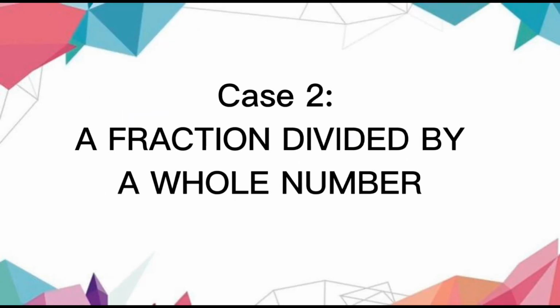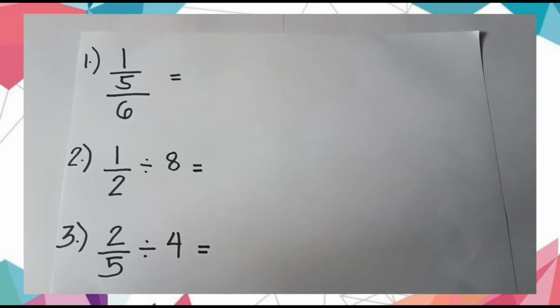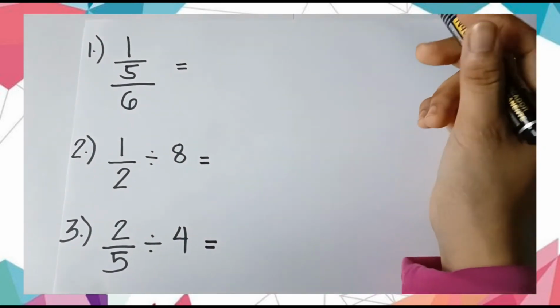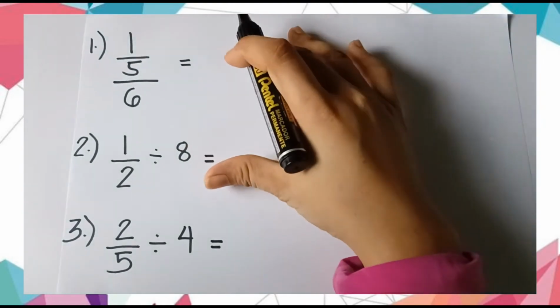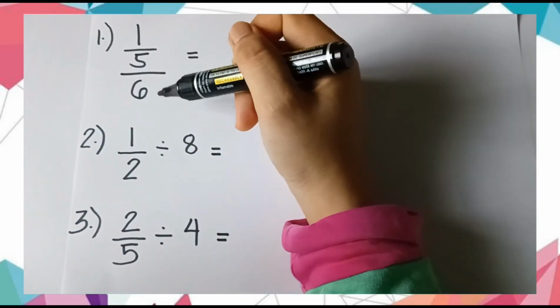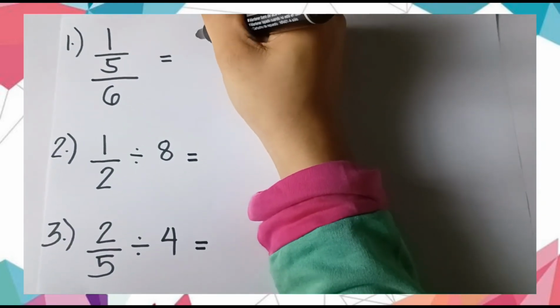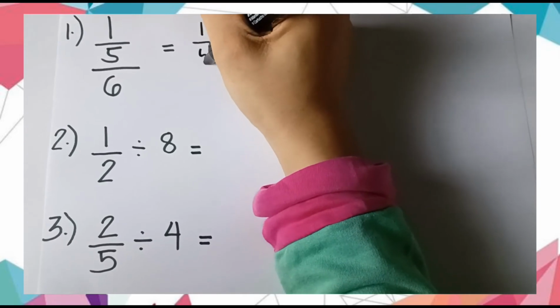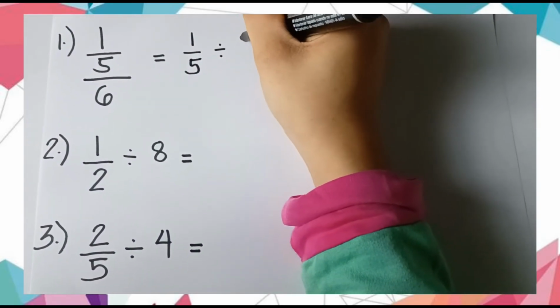So let's have case number 2, a fraction divided by a whole number. Example number 1, 1/5 divided by 6. As you can see, it is written in a different form, so we rewrite this as 1/5 divided by 6, a whole number.